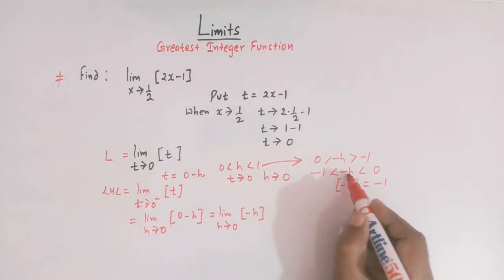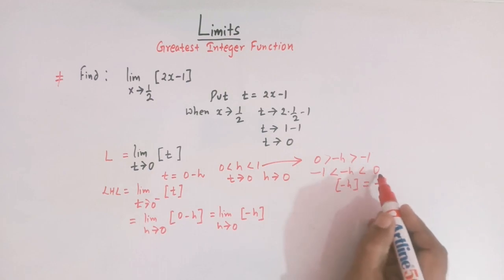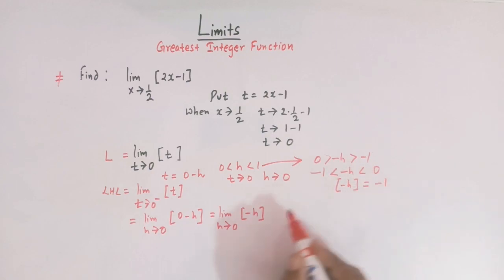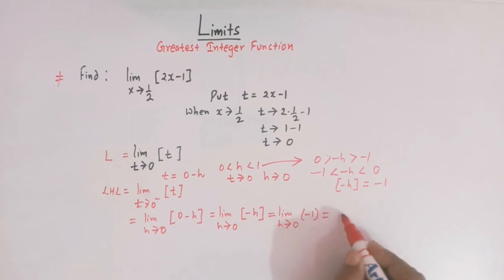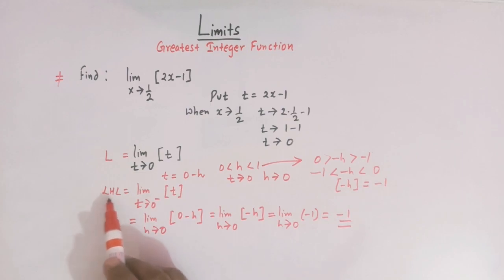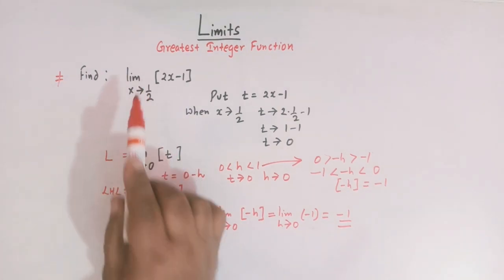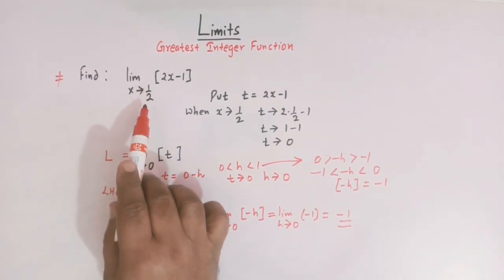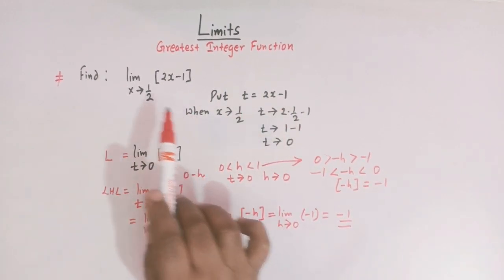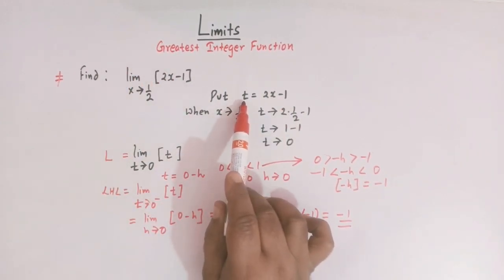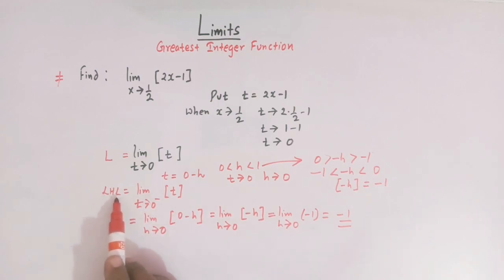So the limit as h tends to 0 of minus 1 is equal to minus 1. So the left hand limit of this function when x tends to half, after converting the problem into the variable t, is equal to minus 1.